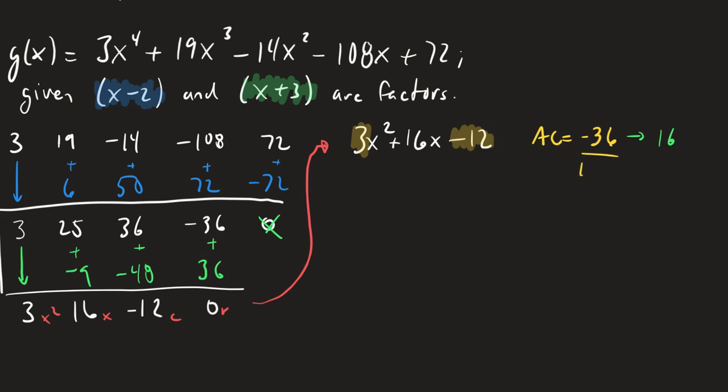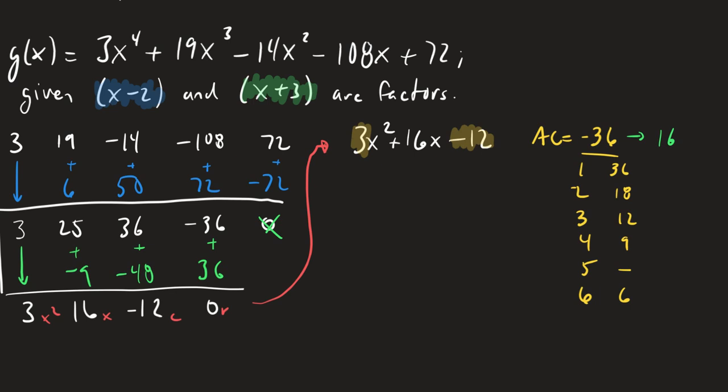So factors of negative 36 that add to be 16. I got 1 and 36, 2 and 18, 3 and 12, 4 and 9, 5 does not go into 36, 6 and 6, and there's my loop because it's a perfect square at that point. Nothing else will go into 36.